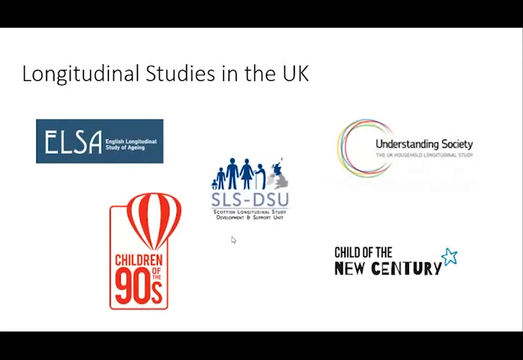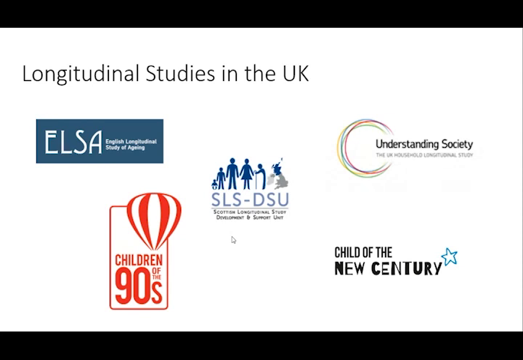So just a few longitudinal studies in the UK. I'm not quite sure how far through their PhD people are, but these are ideas of what kind of data you might be able to use. In the top right, we have Understanding Society, the UK Household Longitudinal Study, which is a huge study of 40,000 households, I think. They're asked a whole load of questions each year, and so we can try and understand how society progresses.